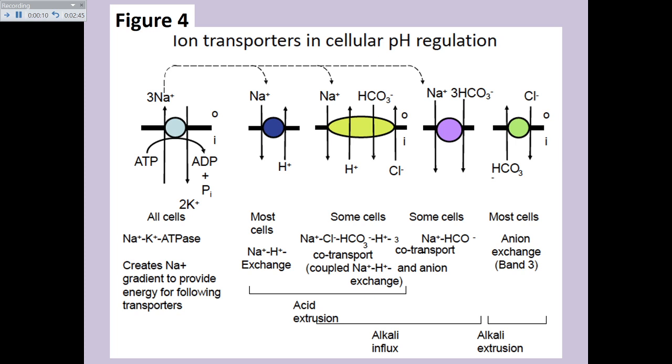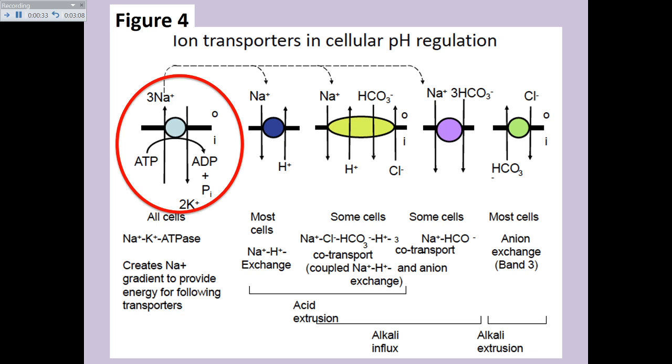Like the other ion transport processes that we discussed, the most important one is the NaK ATPase. So the Na pump should work in order for the other transporters to function or be activated. When NaK ATPase is working, Na will decrease inside.